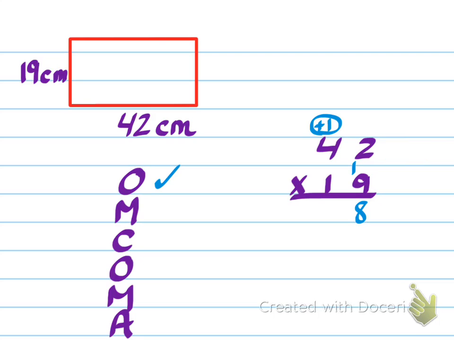I continue multiplying and say 9 times 4 is 36, but don't forget the 1 on top. So I have to add that, so that is 37. Then I put a check mark beside the M, and the C stands for cross it off because I used it, and I put a check mark over there beside the C. The O is I'll hold your place, Mommy, and check mark beside the O because I did that, and the M stands for multiply the tens place.